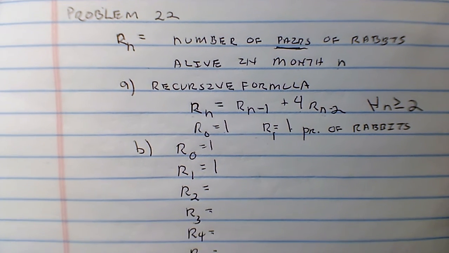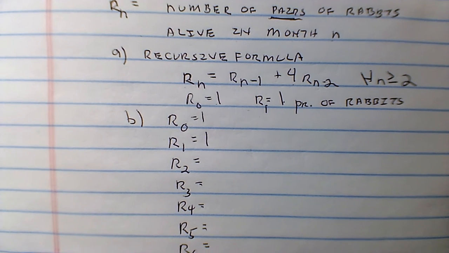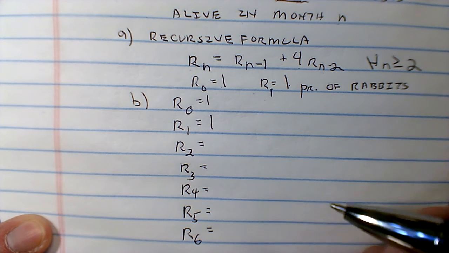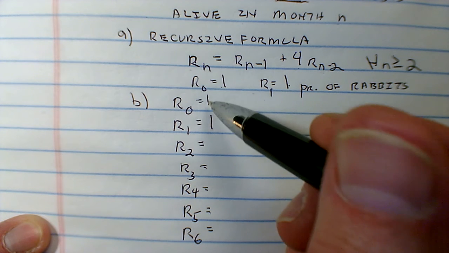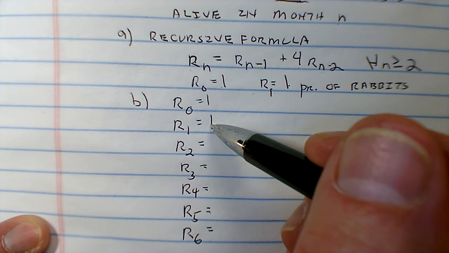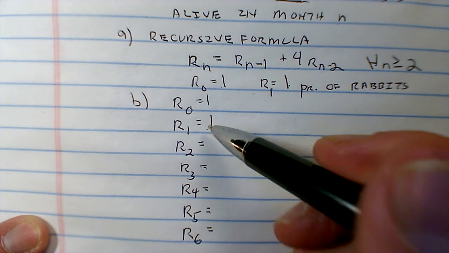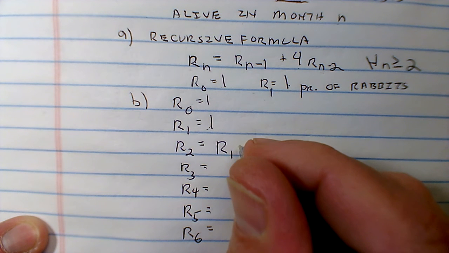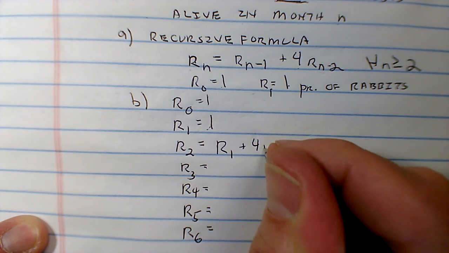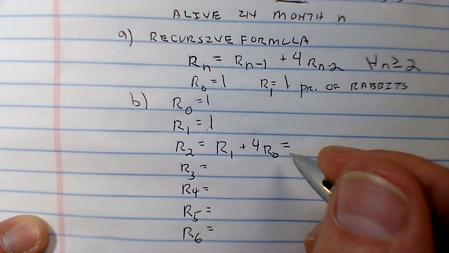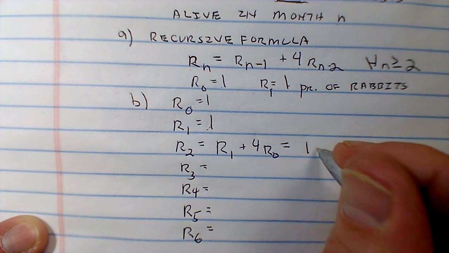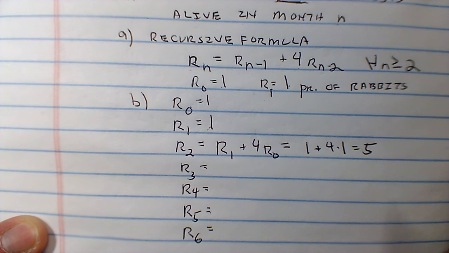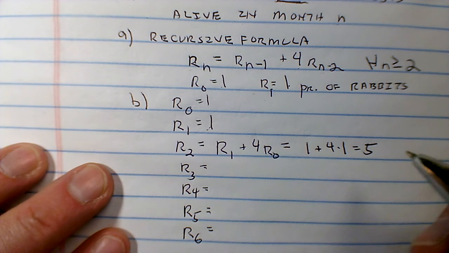The second part of the problem is asking us to use that recursive formula to figure out these values down through R sub 6. Well, we know R sub 0, R sub 1 are both going to be 1. And R sub 2 would then be found by taking R sub 1 and adding 4 times R sub 0. So it's 1 plus 4 times 1, or we now have 5 in the second month.